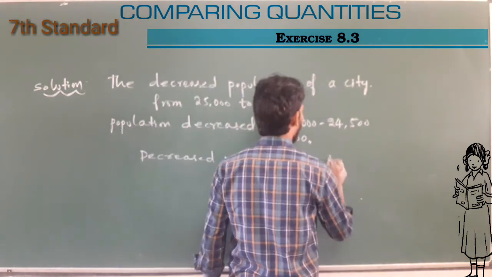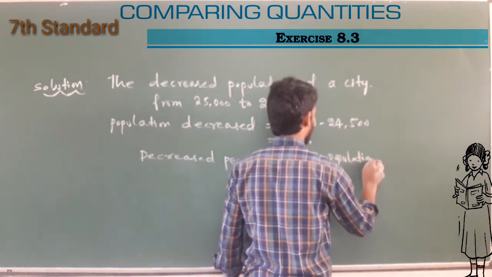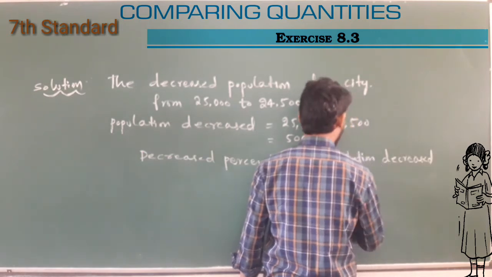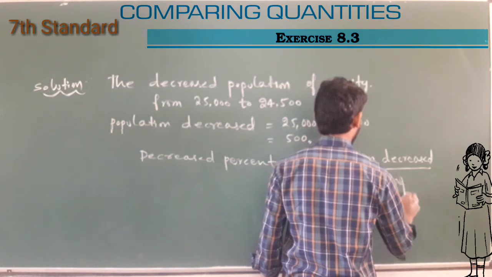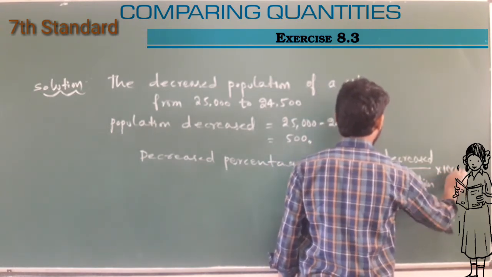Decreased percentage is population decreased by original population into 100.